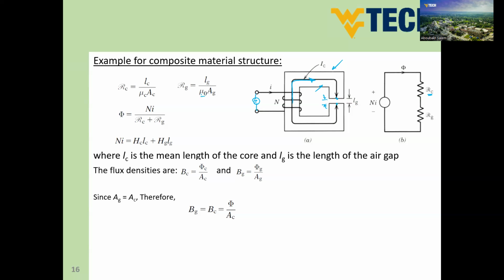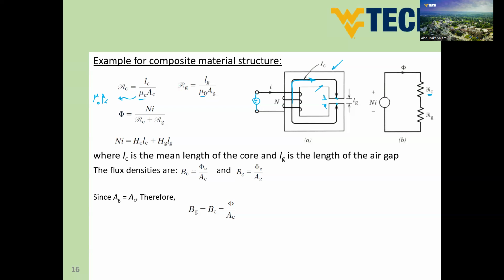But take care, mu c here is mu node times mu r of our core, the relative permeability of the core times mu node, but here we have just mu node. These are the two reluctances we have.